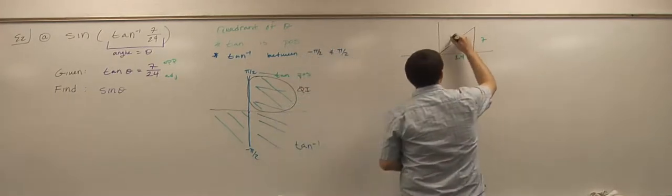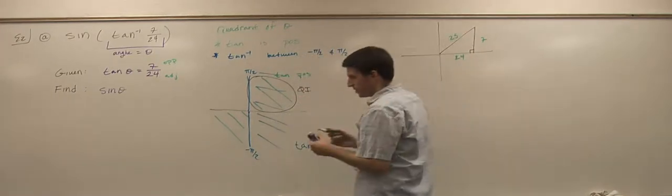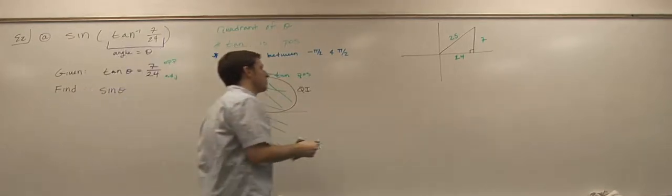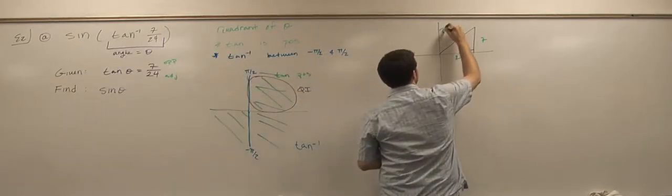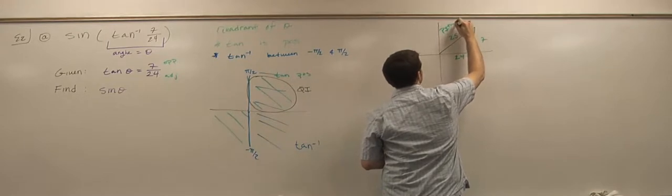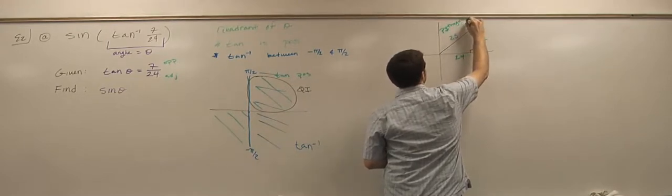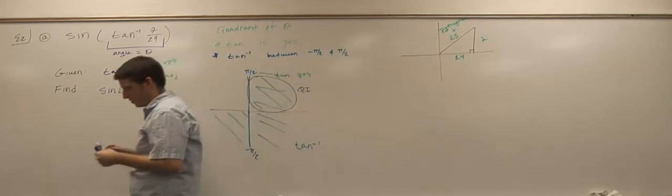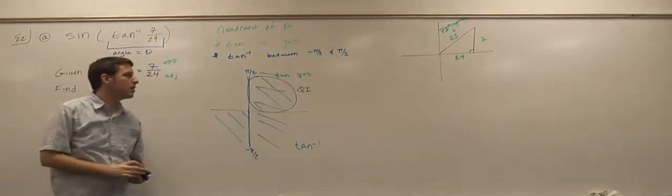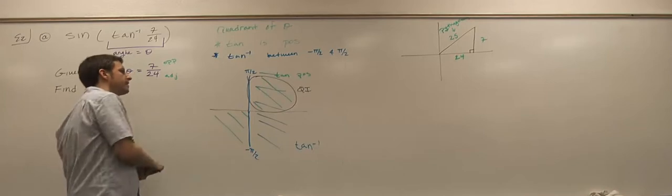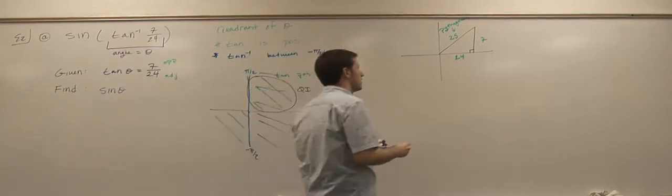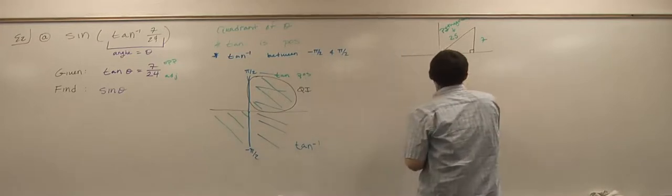You should get 25. Once you label that, then you can read off sine. What's your sine value? 7 over 25.